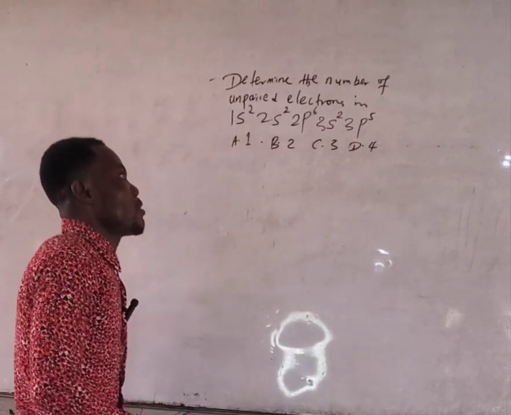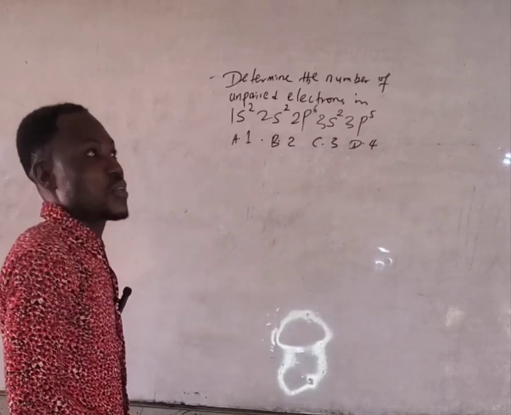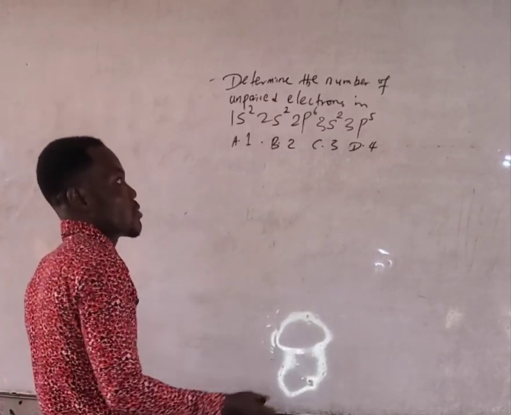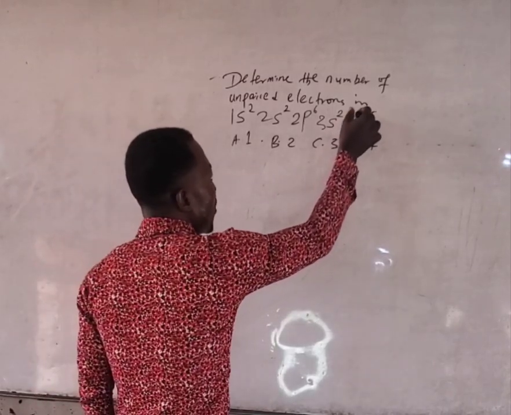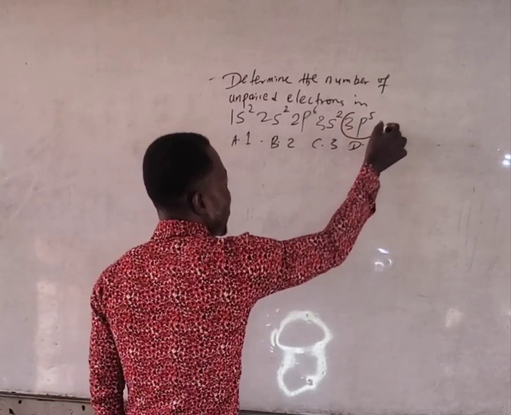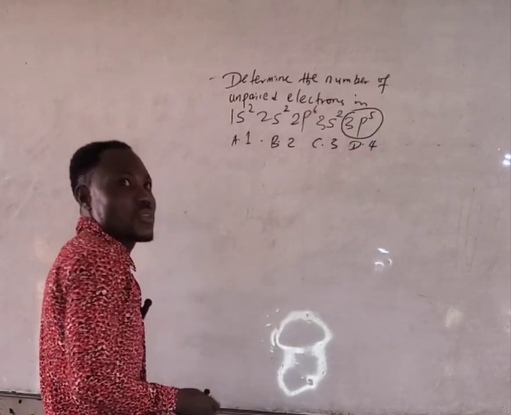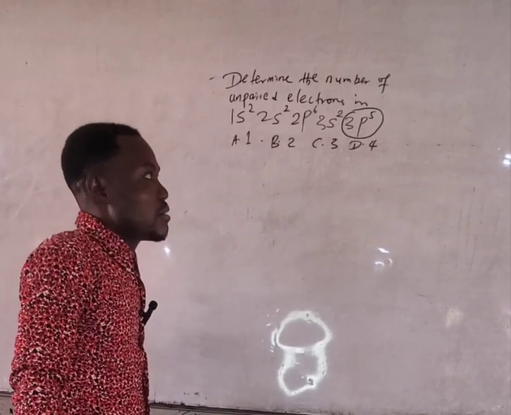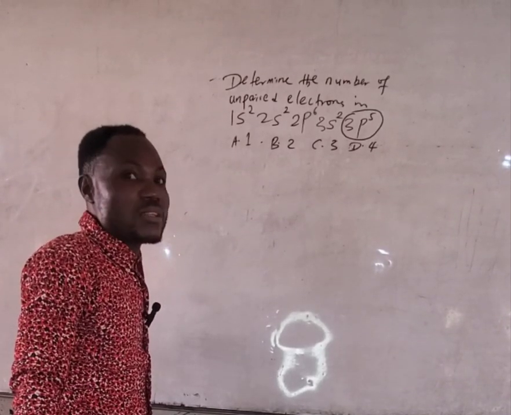For us to determine the number of unpaired electrons, your area of interest is the very last sub-level. The very last sub-level.